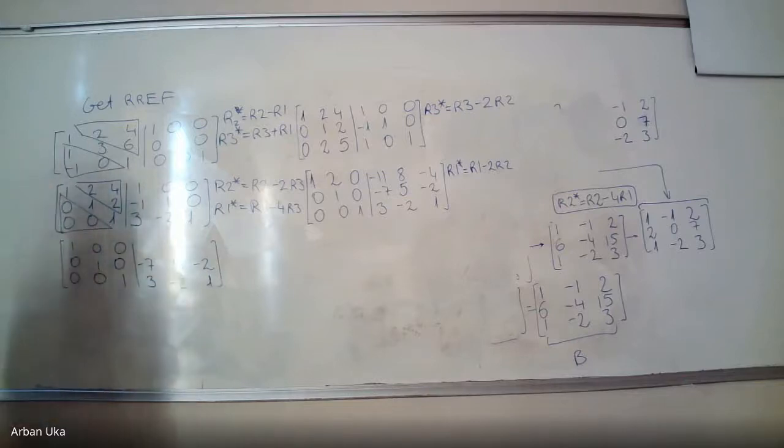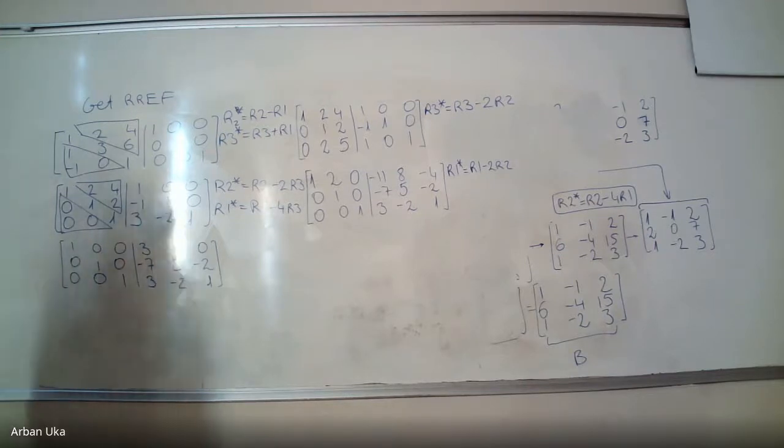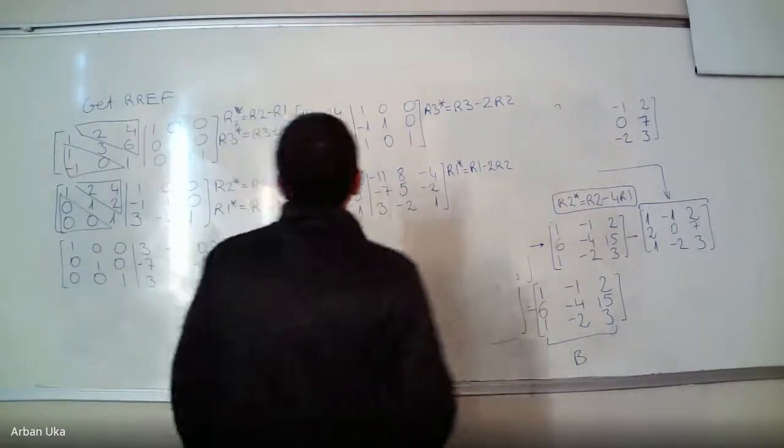And this is row 1 minus 2 row 2. What are 3 minus 2, 0. So what did we do here? So we obtained the following.